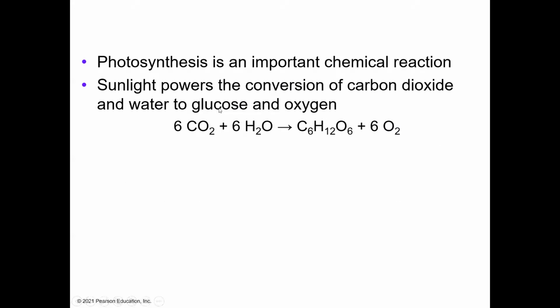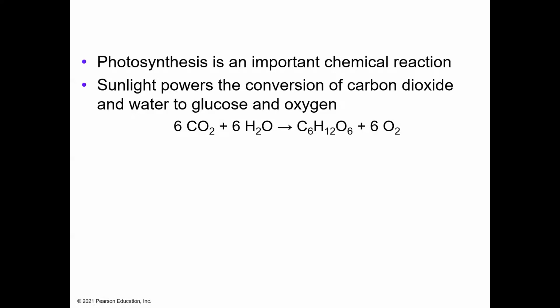Another chemical reaction that is quite important is the reaction of photosynthesis. Photosynthesis is conducted by plants, right? So plants take 6 molecules of carbon dioxide and 6 molecules of water, and produce 1 molecule of glucose and 6 molecules of oxygen, okay?